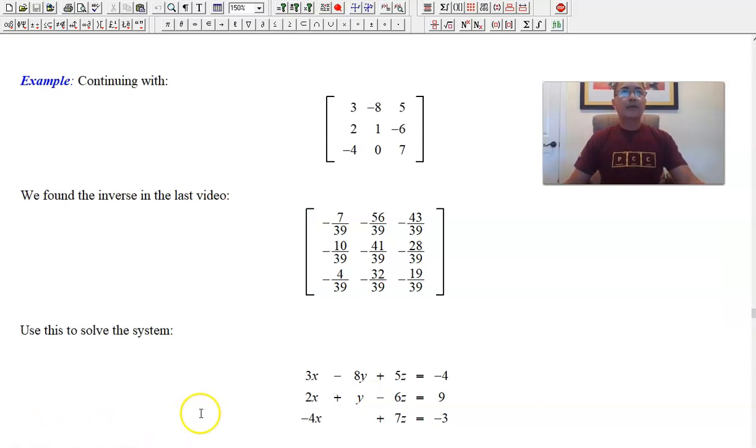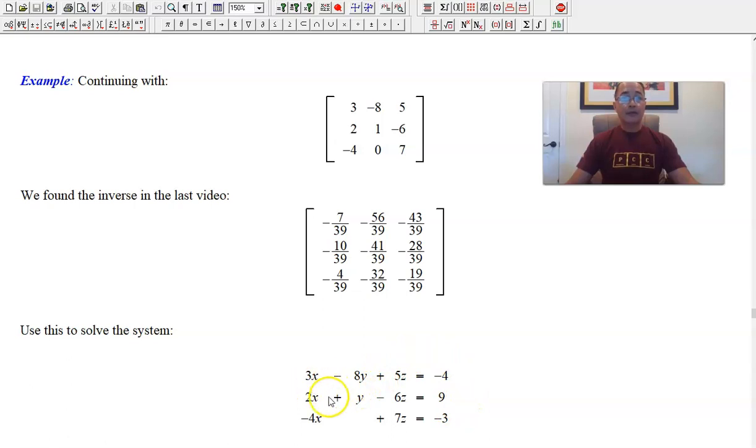Okay, so we're going to use the same example that we just looked at, same one from our last video, where we were computing the inverse of that matrix. We are going to use the idea that we just saw to solve the system of equations.